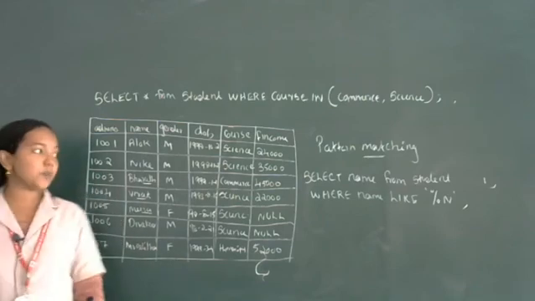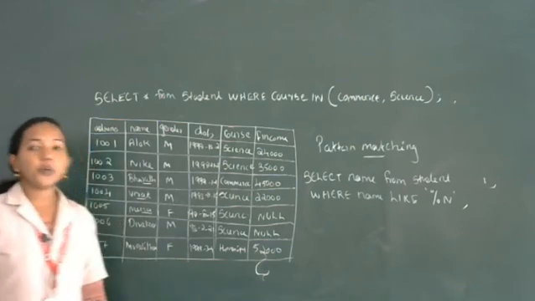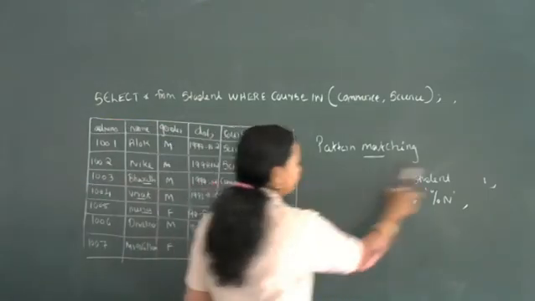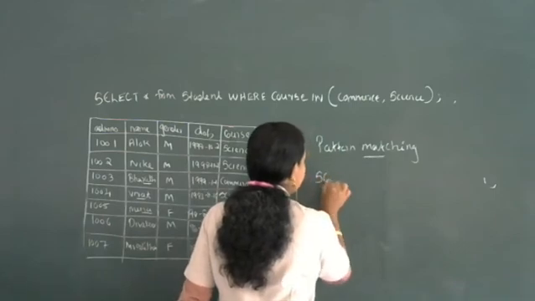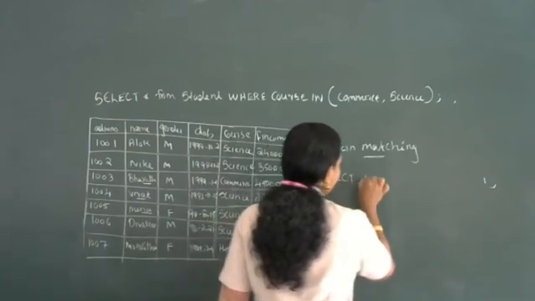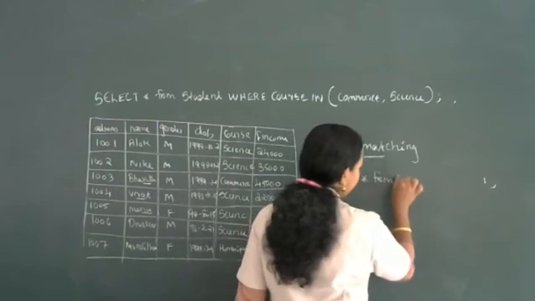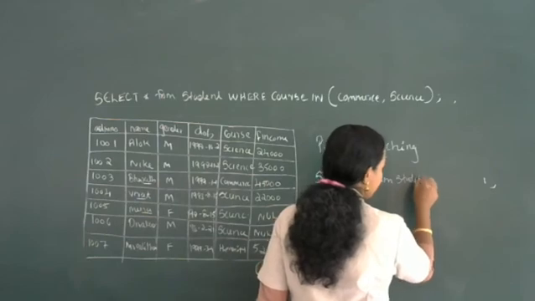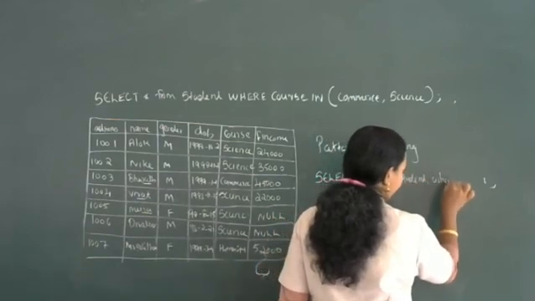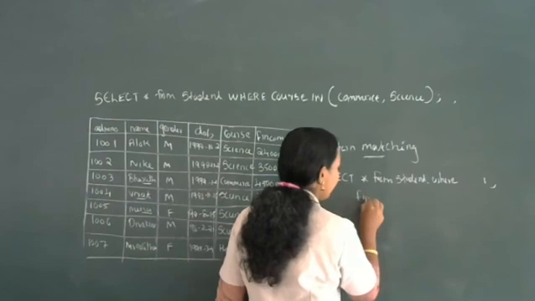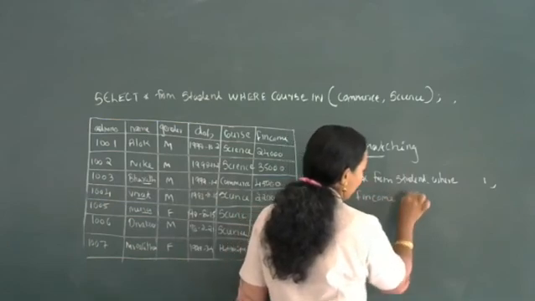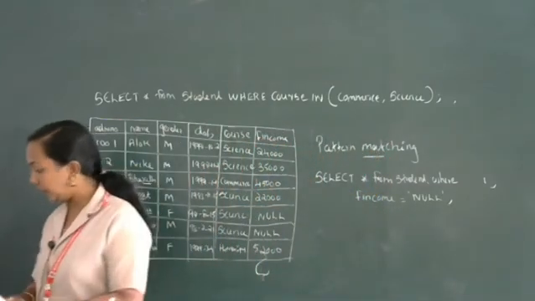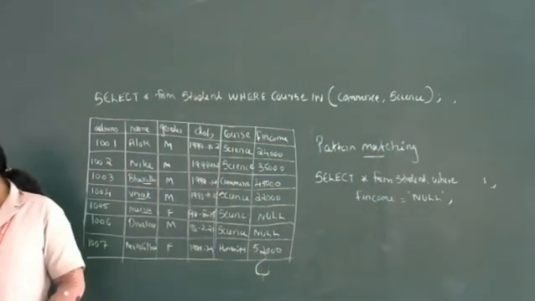And one more is present: suppose you want to identify the null values. Select star from student where F income is null.